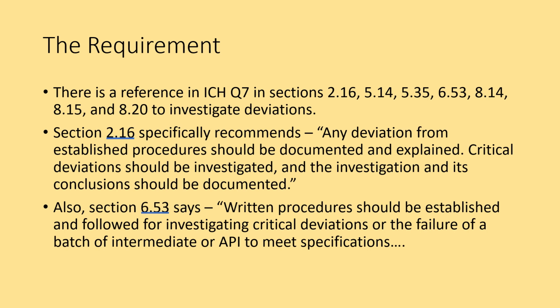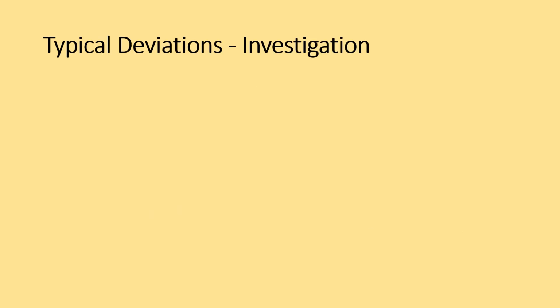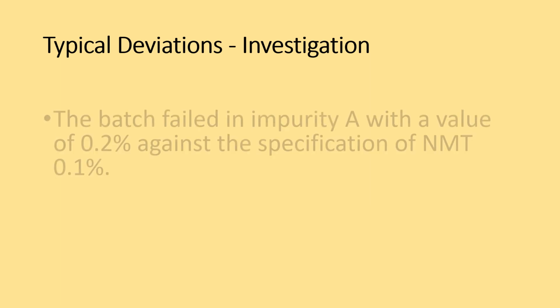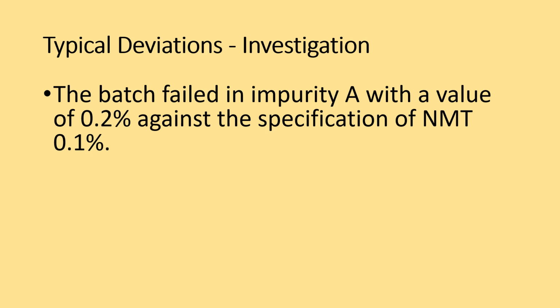Let us try to understand more on this on some typical deviation examples. Let us see some typical deviations and its investigation. One example is the batch failed in impurity A with a value of 0.2% against the specification of not more than 0.1%.